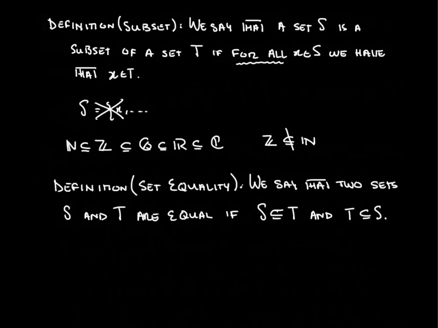It abides to what we would intuitively think as two sets to be equal. Because if I have two sets, for instance, A and B, that are equal, well, naturally, I would expect that every element of A is an element of B, and every element of B is an element of A.